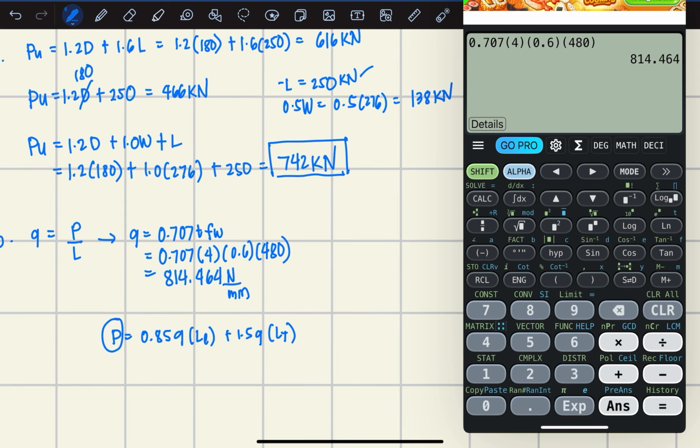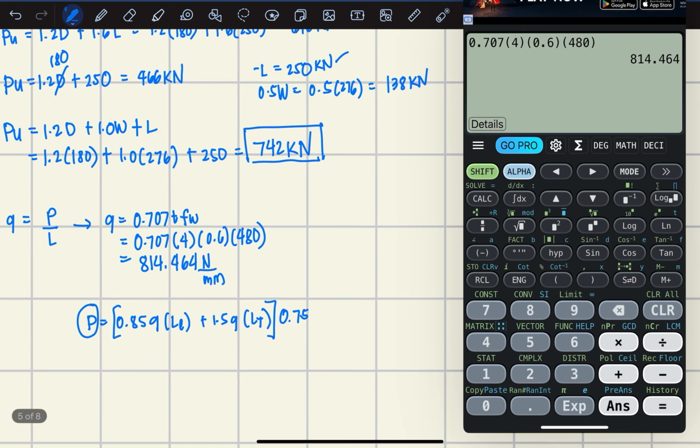So, take note that we will use the LRFD design philosophy, so we need to multiply this by 0.75.